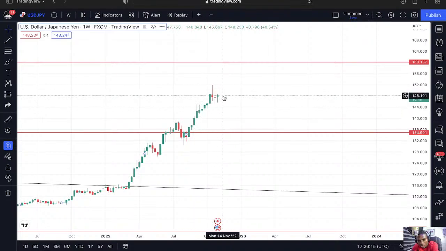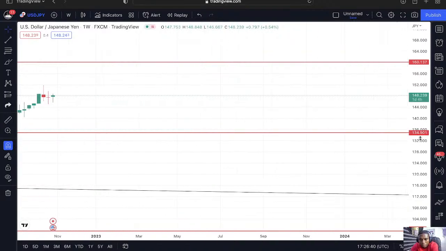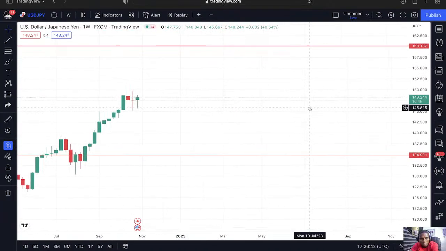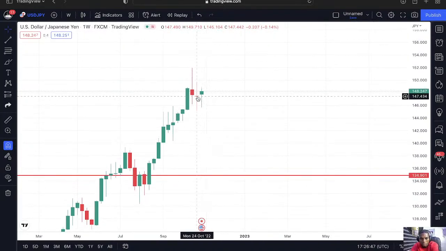When you see this doji candle that looks like a cross, with a wick to the upside, a wick to the downside, and a body just like a line, it's showing equilibrium. It's indicating that at this point demand and supply became equal.